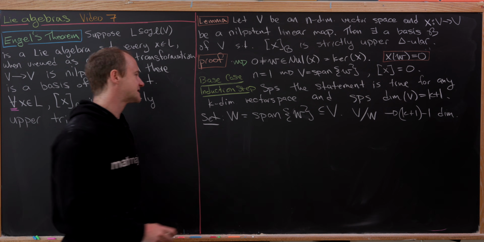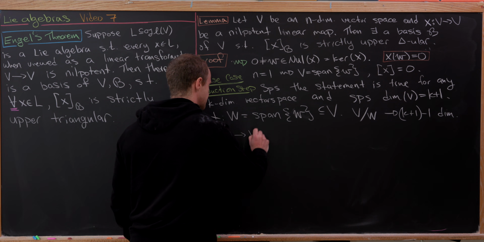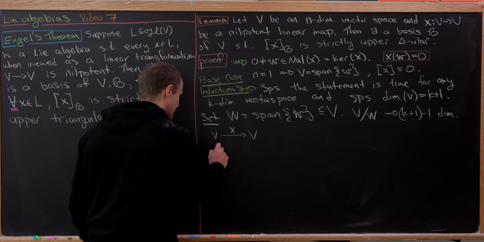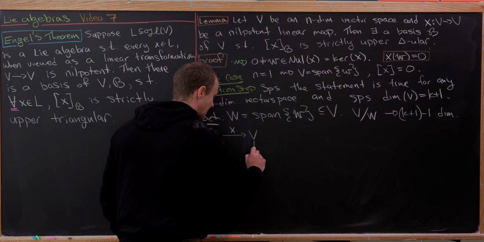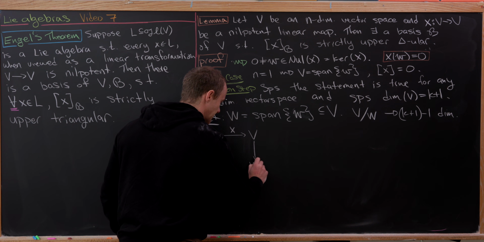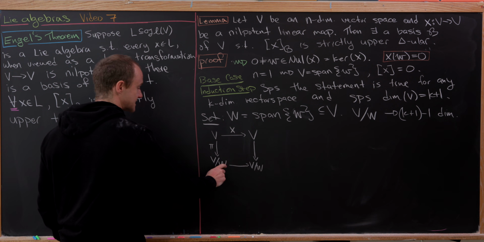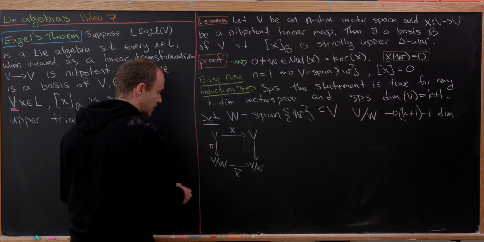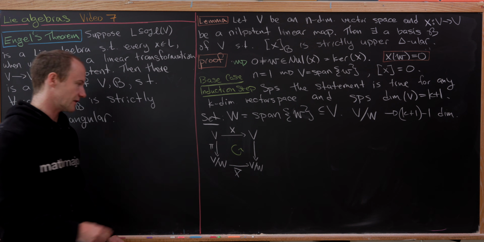And then we want to consider the following diagram. On the top, we've got this map from V to V, which is x. Then we have the projection map, which I'll call pi, which goes down to the quotient vector space V mod W, and that's happening at both ends, so V mod W. Then we want to complete this diagram with something that I'll call x bar, so that it is a commutative diagram.